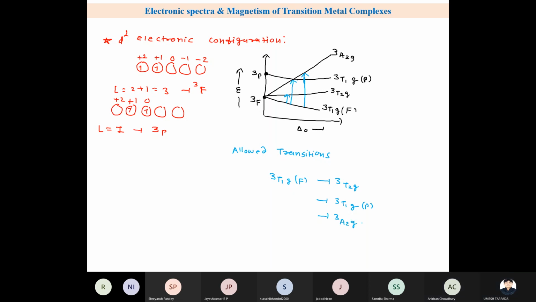So these are the three different transitions which are possible with D2 system.